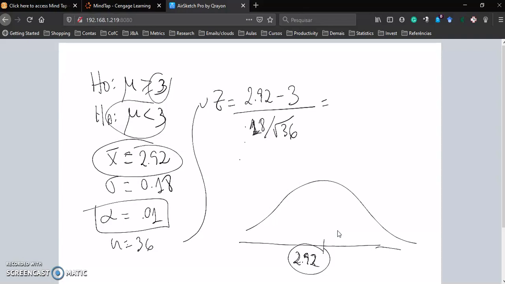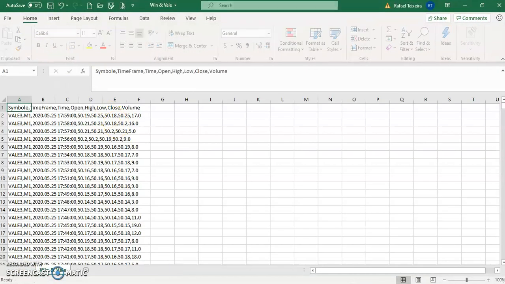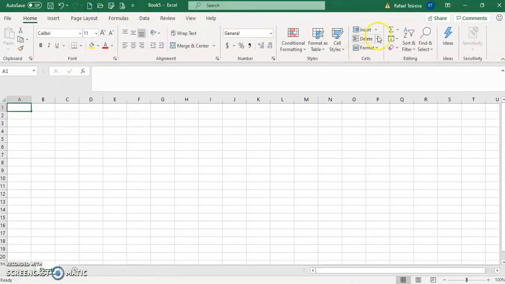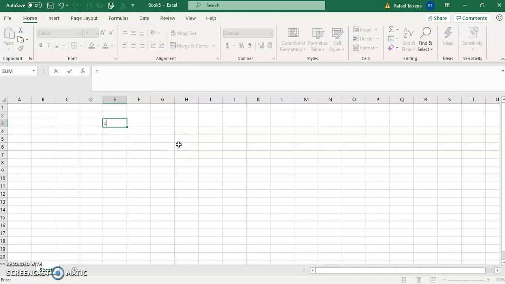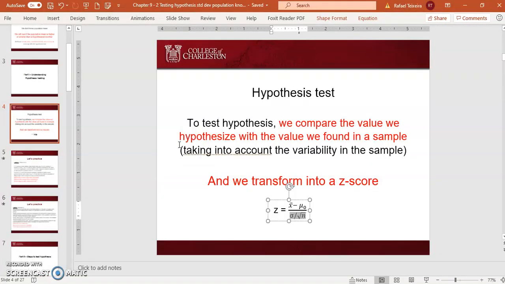So this is equal to negative 0.08 divided by, let me use Excel very quickly as a calculator, 0.18 divided by the square root of 36. That's 0.03. Let me go back here.